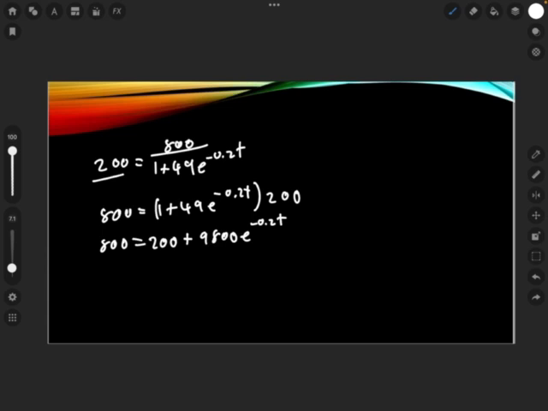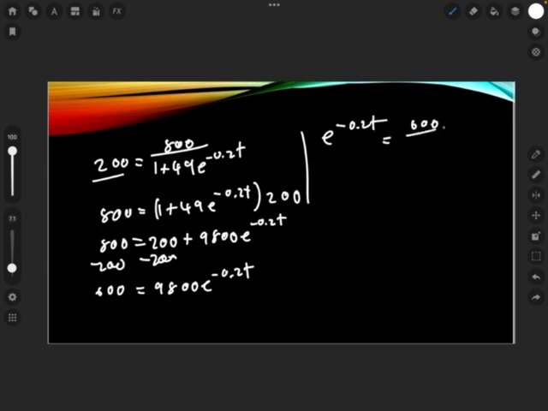So then here we just go minus 200, which is 600 equal to 9800e to the negative 0.2t. So e to the negative 0.2t is equal to 600 over 9800.